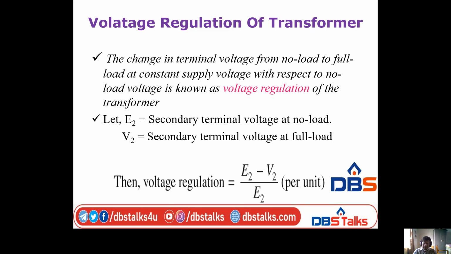For a resistive load, the power factor is unity, and voltage and current are in phase with each other. For a lagging power factor, current lags the voltage by some angle phi. Similarly, for a leading power factor, current leads the voltage by some angle phi.